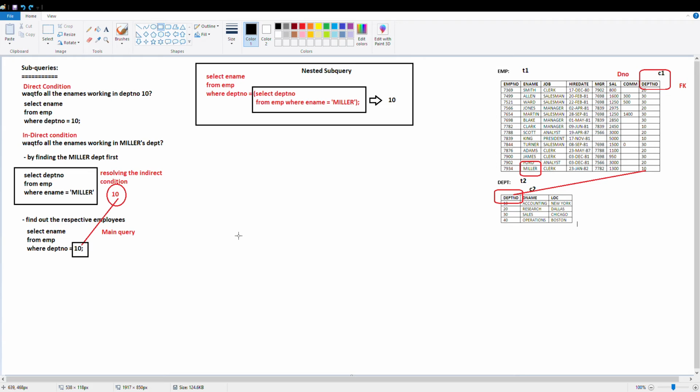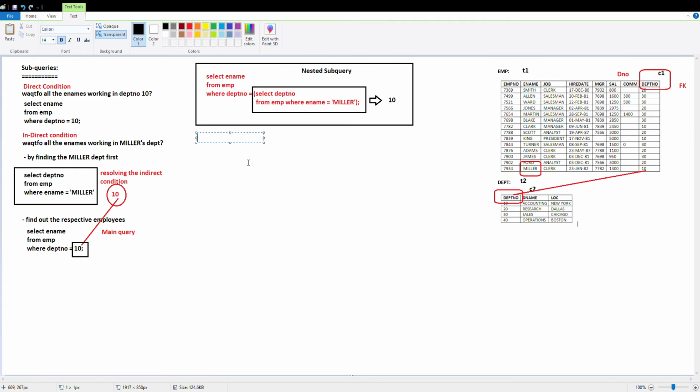Whenever you are writing a subquery, the first thing you have to understand is why you have to use a subquery. When do we use a subquery? If there is an indirect condition, we have to use a subquery. Now every subquery will have one outer query and an inner query.